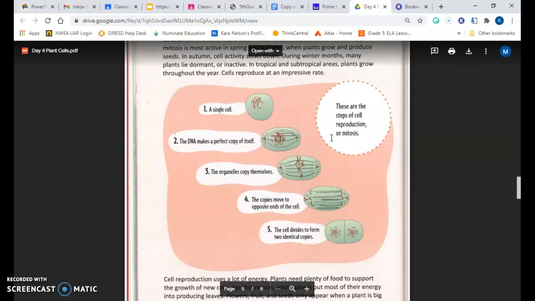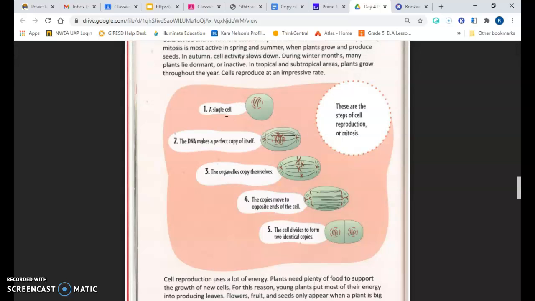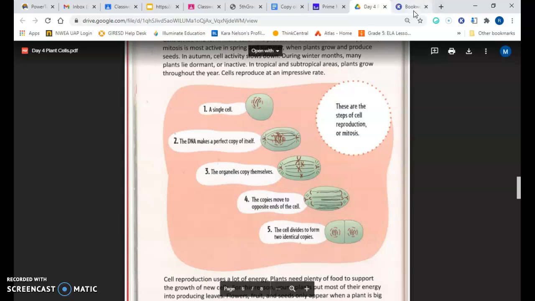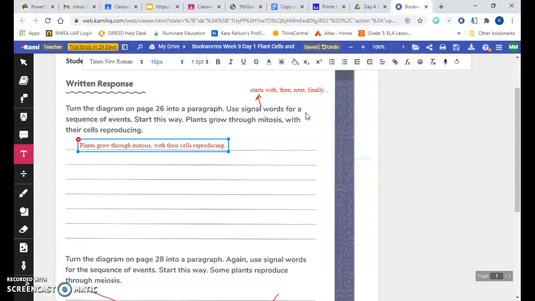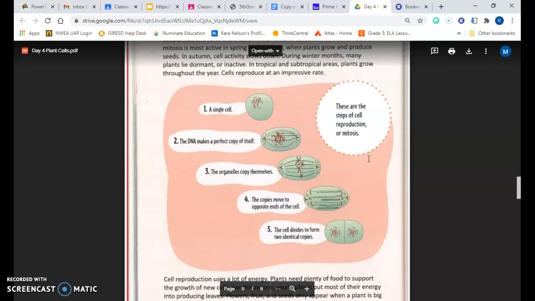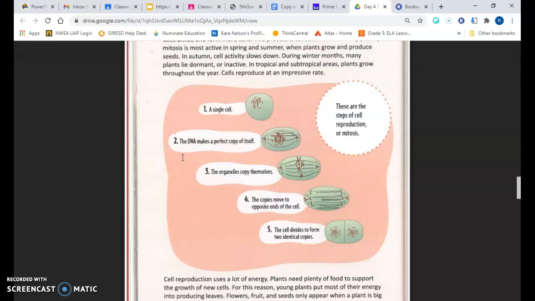So I'm thinking I'm going to do it this way. This is called mitosis, and I'm going to put that it starts with a single cell. So my goal is I should have one sentence basically for each of these.